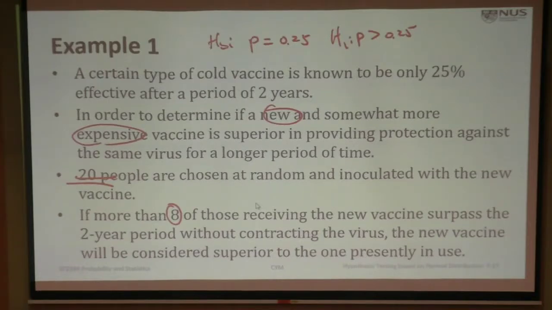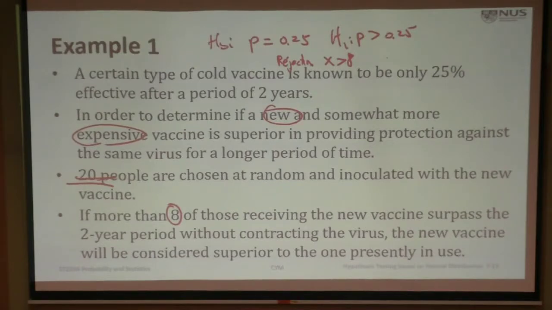So if this is my alternative hypothesis, I say that if X is bigger than 8, that is my rejection region. X is the number of subjects out of 20 people that are free from the virus after 2 years.